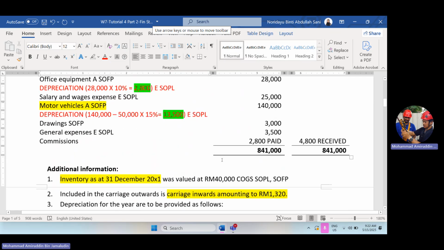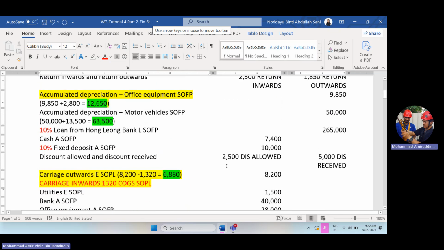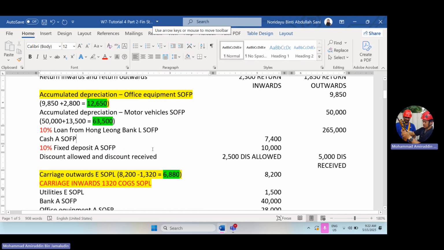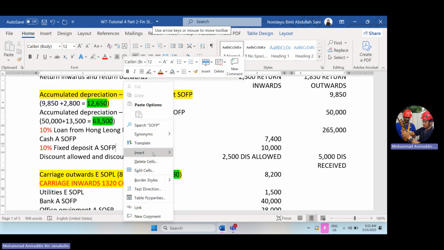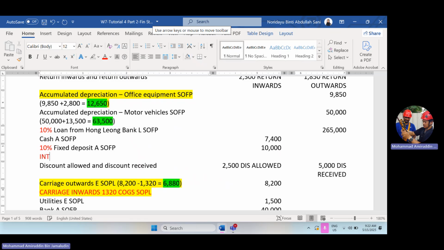That's the amount that you are supposed to earn. That's the objective of SOPL. Do we have the interest received? Just now we don't have it, right? It's not in the question, so I need to compute it. Interest received: 10,000 multiply 10%. Again, how can I know the 10%? It's there, the interest rate.